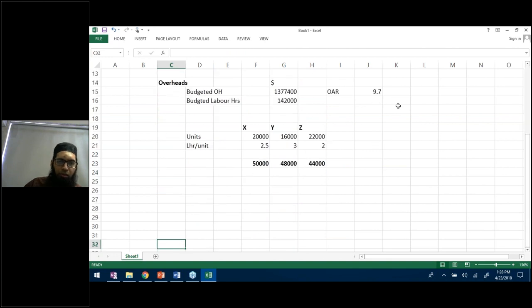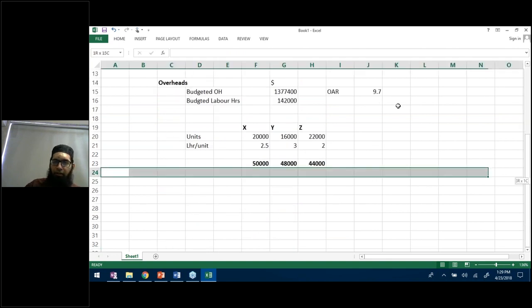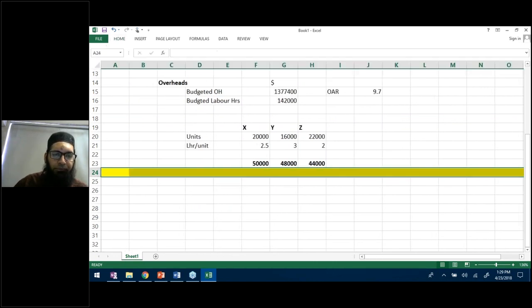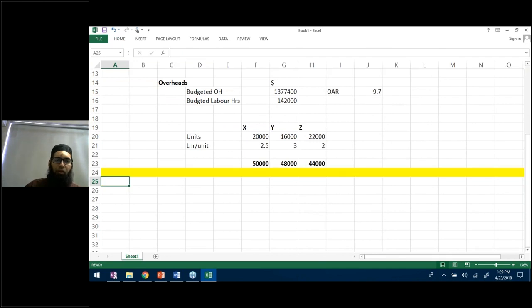So now, let me desegment it. So now I will be estimating the cost per unit using ABC.